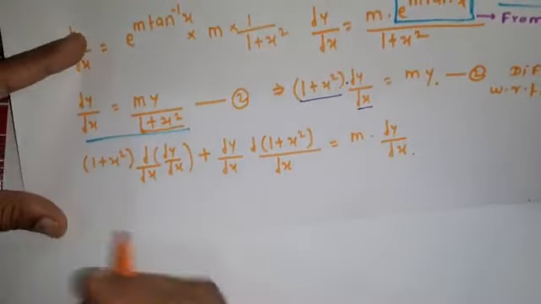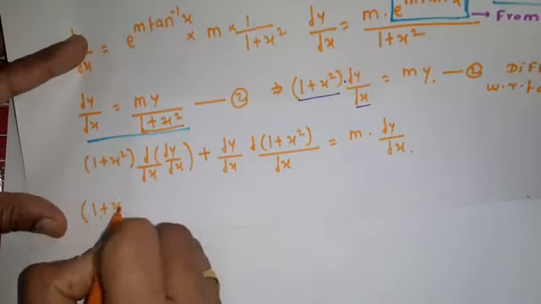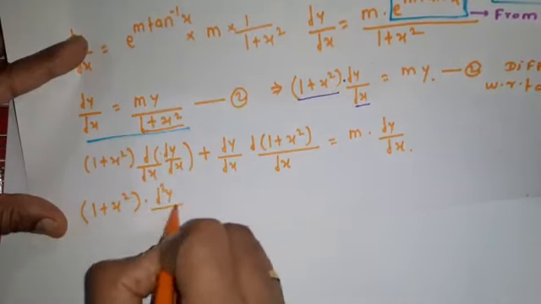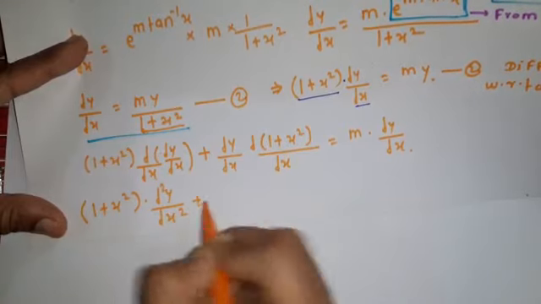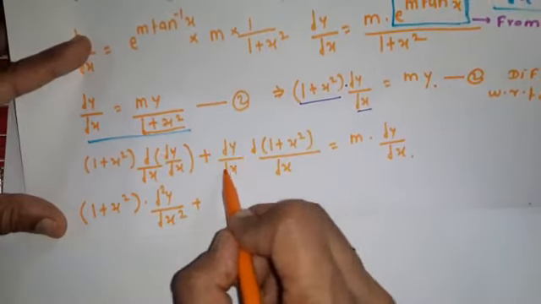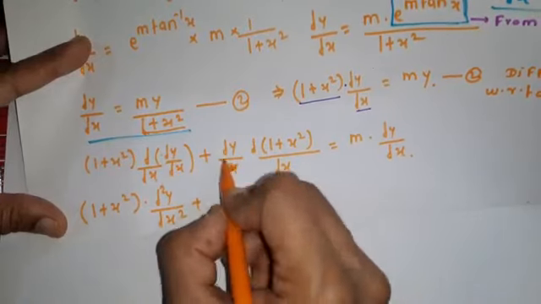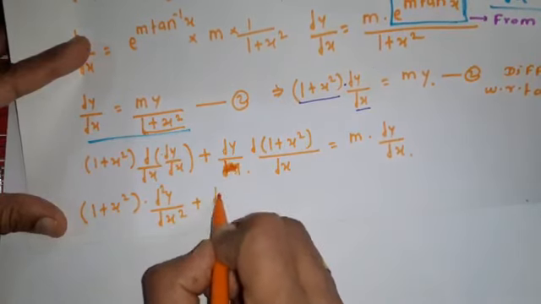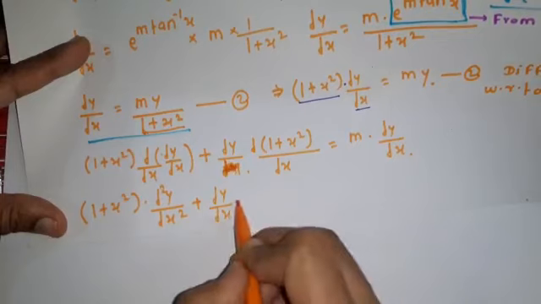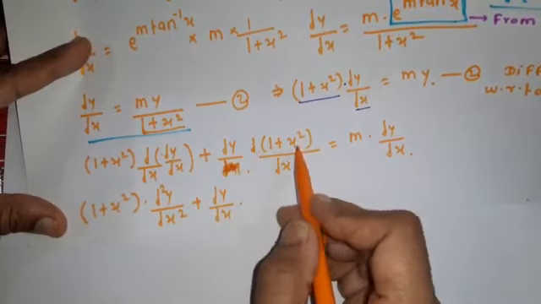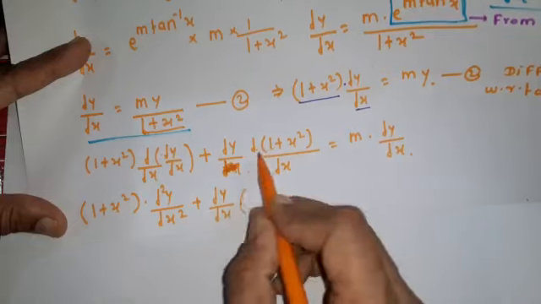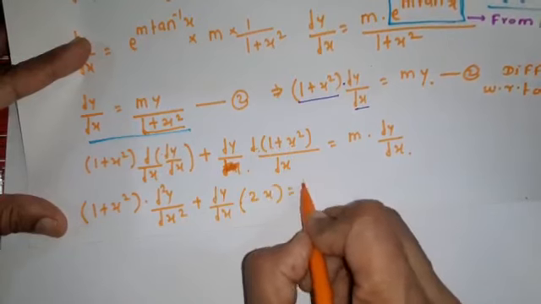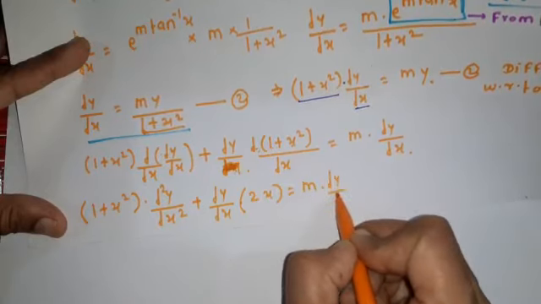And now we get (1 plus x square) d2y by dx square, plus dy by dx is constant here, and the differentiation of 1 plus x square: the differentiation of 1 is 0, plus the differentiation of x square with respect to x is 2x, equals m is constant, and that is dy by dx.